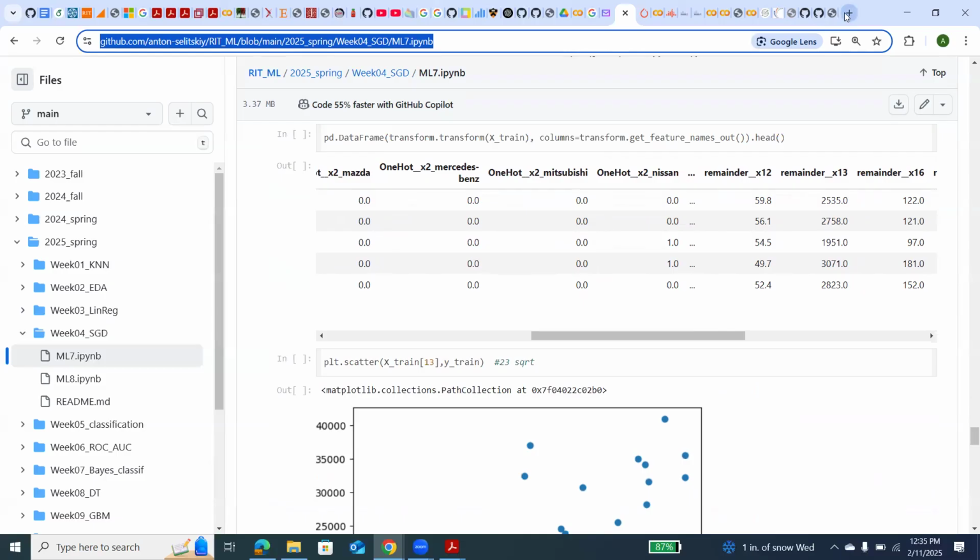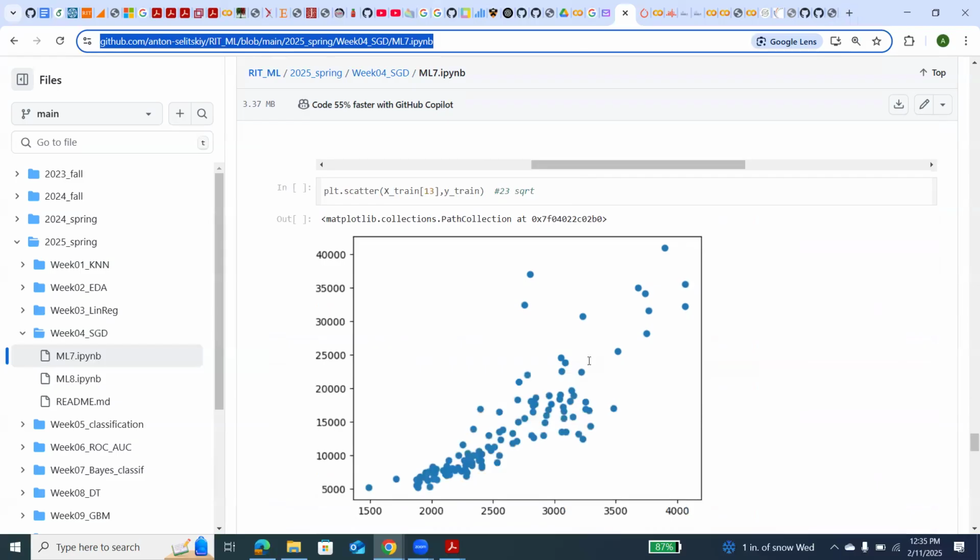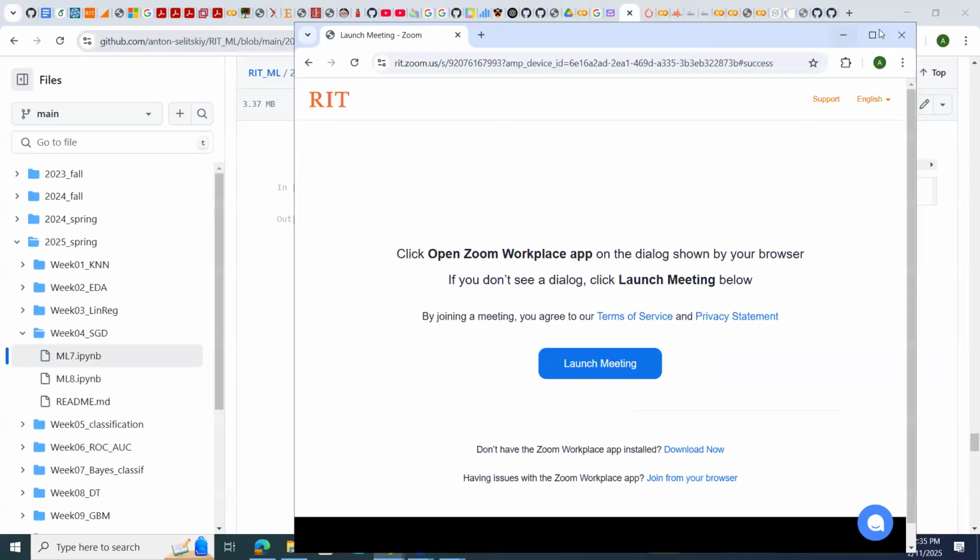And also I want to wrap up the regression topic with scaling of the targets. So we talked about scaling of the features, but you can also scale the target, and I want to show you the result.